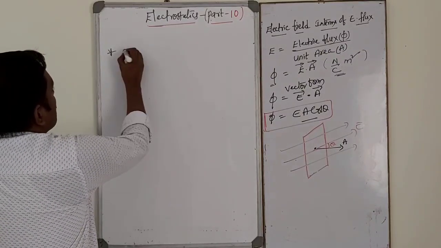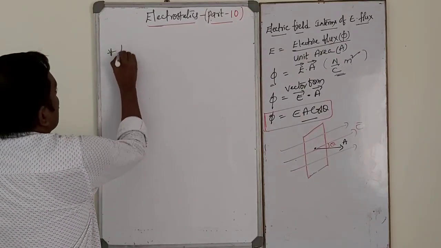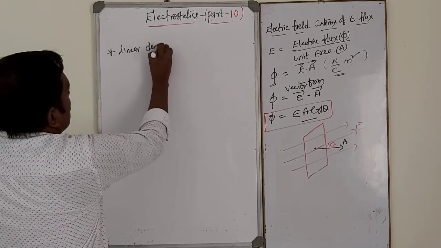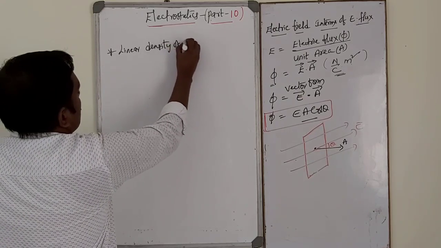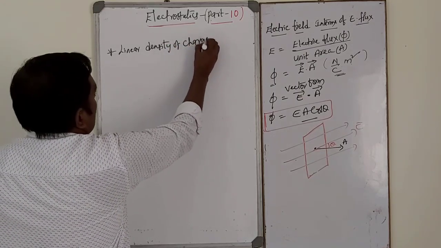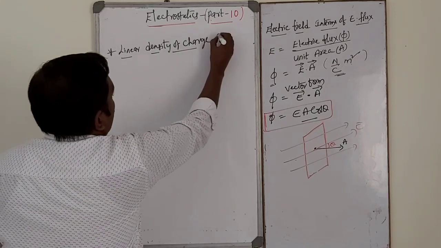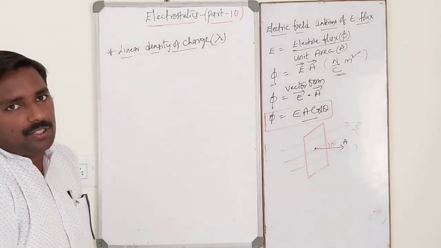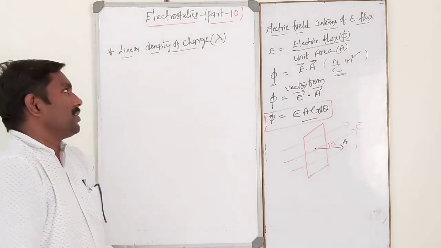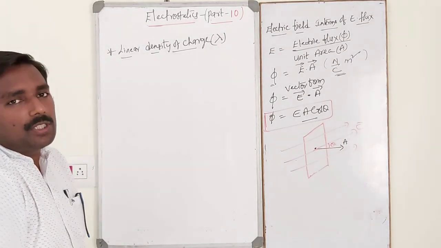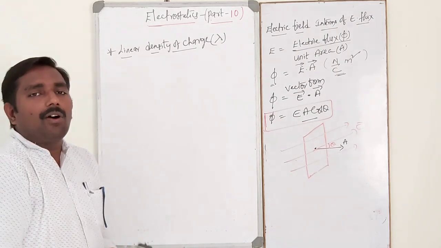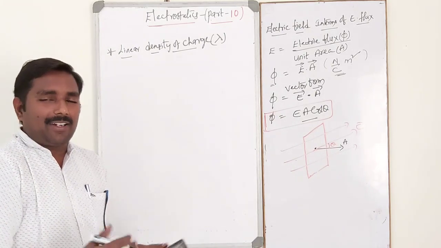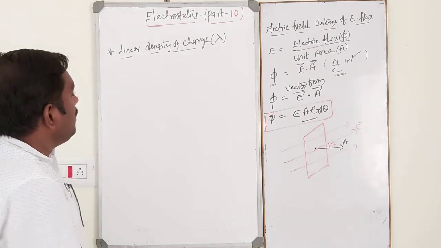First one is linear density of charge, represented by letter lambda. Types of distribution of charges: how charge will be distributed on surfaces like a wire or sphere or shell, whatever.